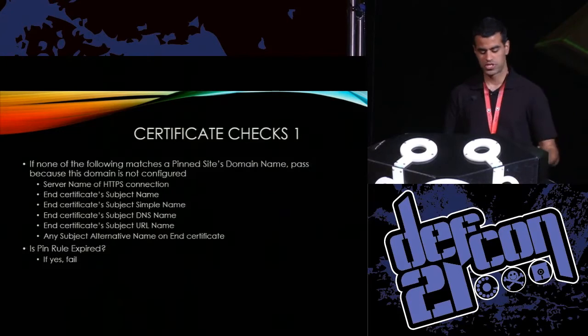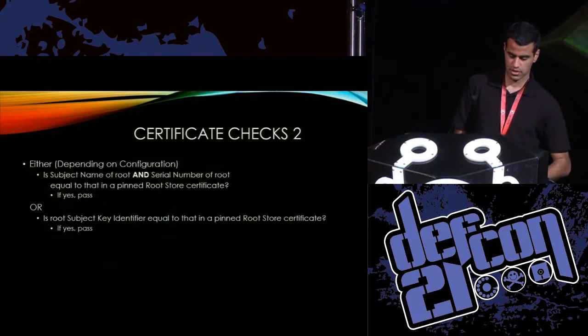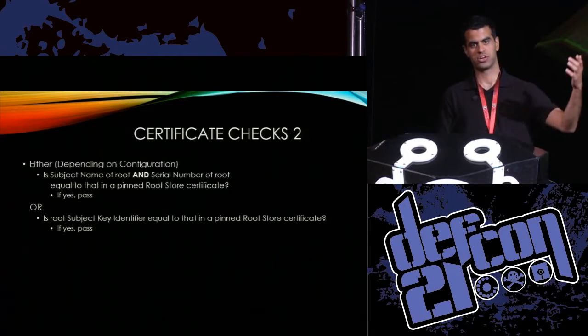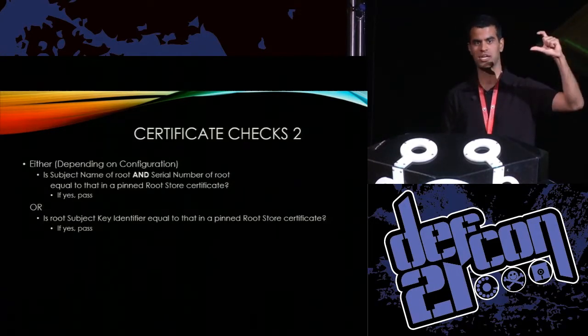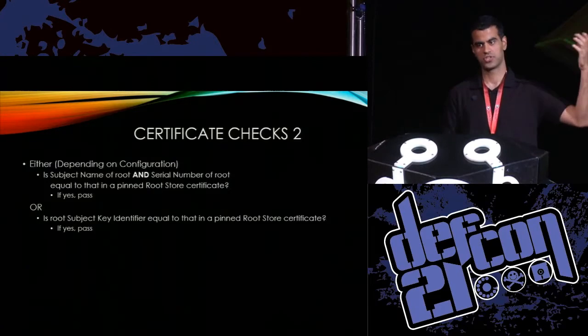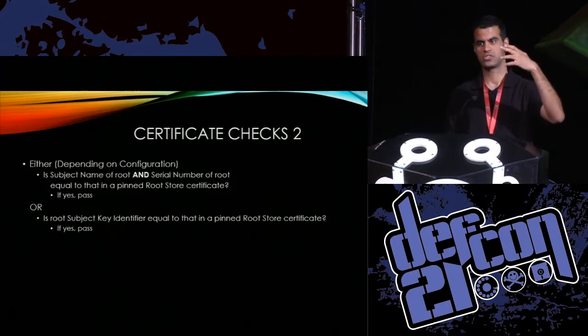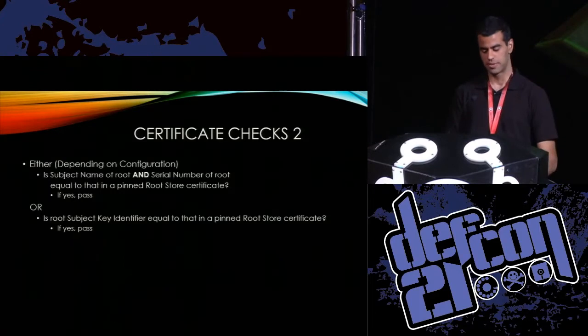Then we check if the pin rule is expired or not, because that expires. Depending on the configuration of that decision that I mentioned earlier, about pinning to individual certificates or pinning to public keys of certificates, in all cases root certificates, we either check if the public key is a match, or the serial number and the subject name.